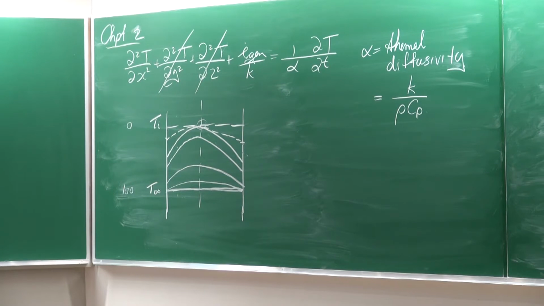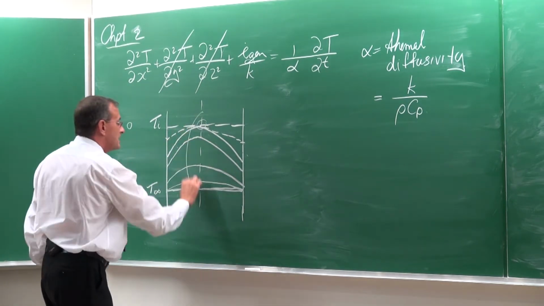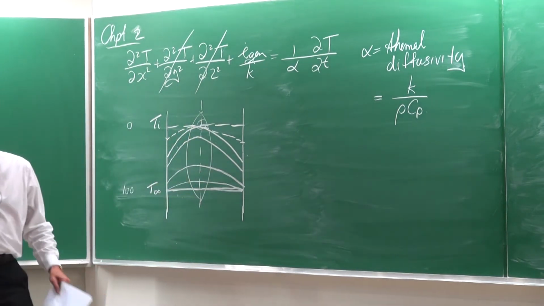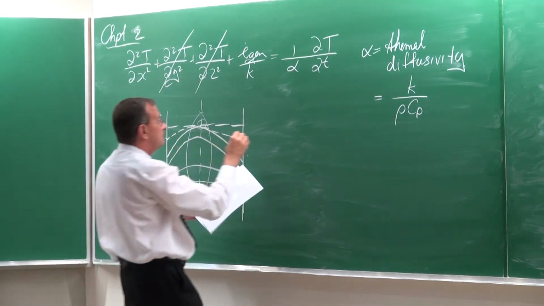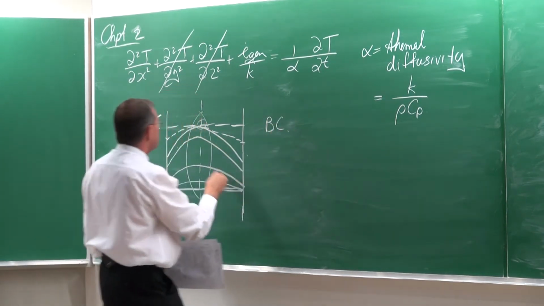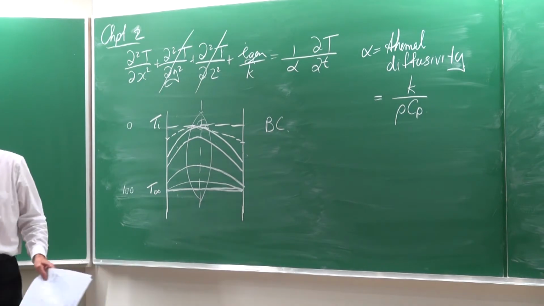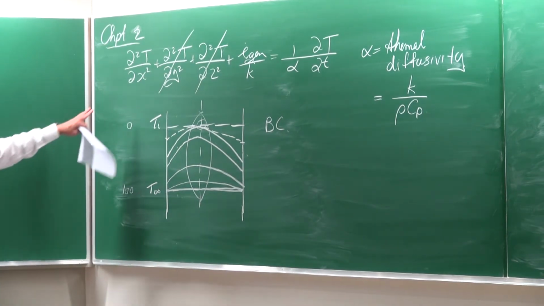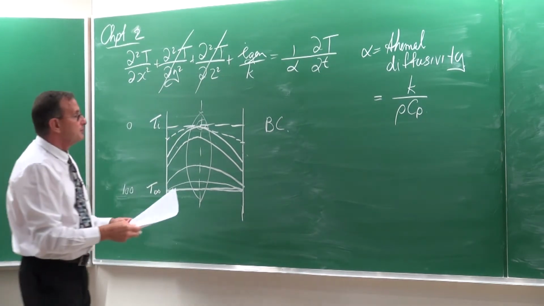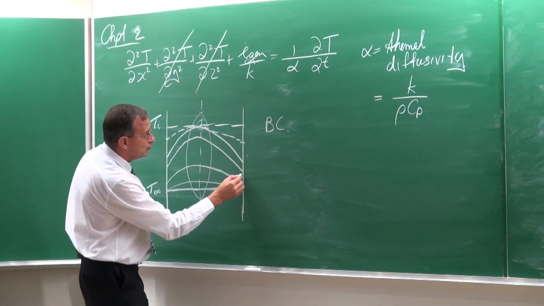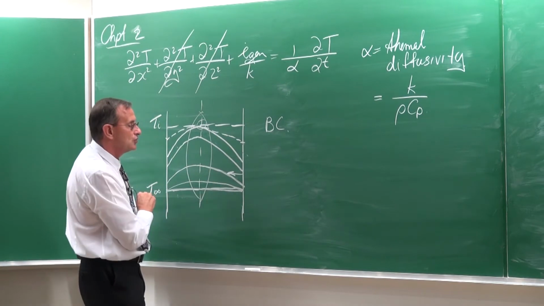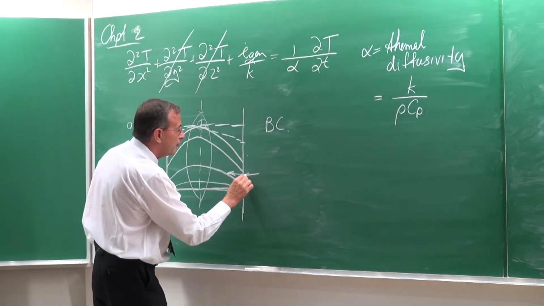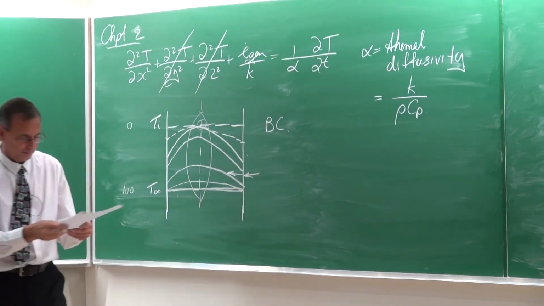The important thing here is the boundary condition that we have here. And the boundary condition says that this gradient is equal to 0. That's the first boundary condition that we need to solve this problem. Then the second boundary condition is to say that the conduction heat transfer into the body is equal to the convection heat transfer into the body.